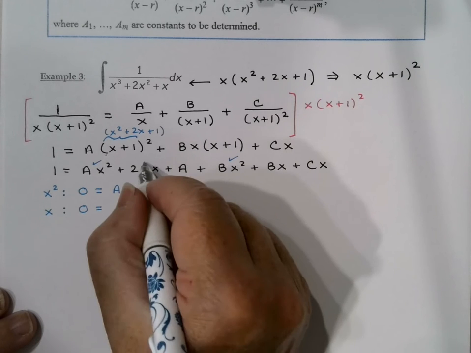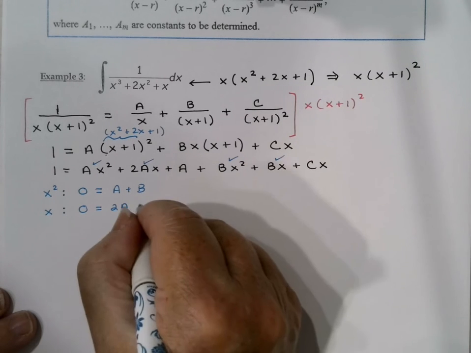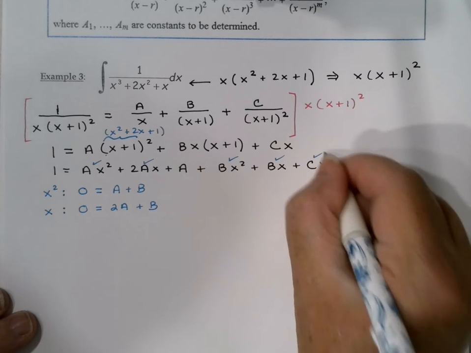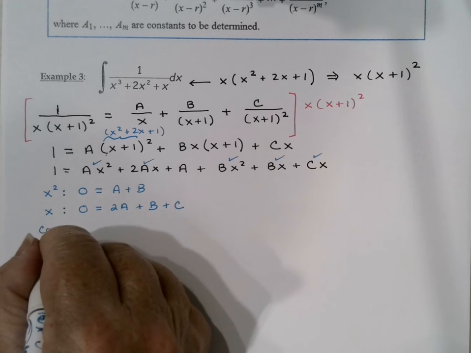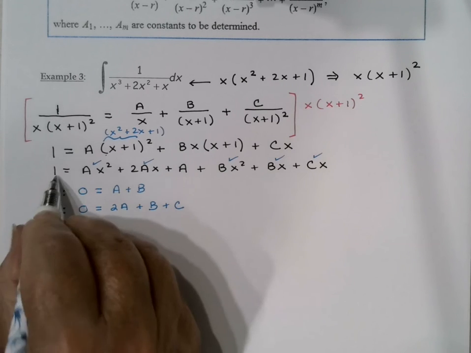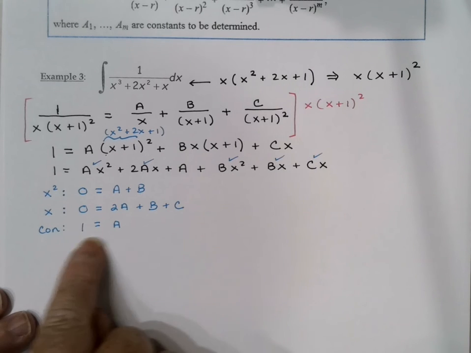But on the right, I've got 2A plus B plus C. And finally, constants. On the left, we've got 1, and on the right, we've got A. So again, I already know that A is 1.